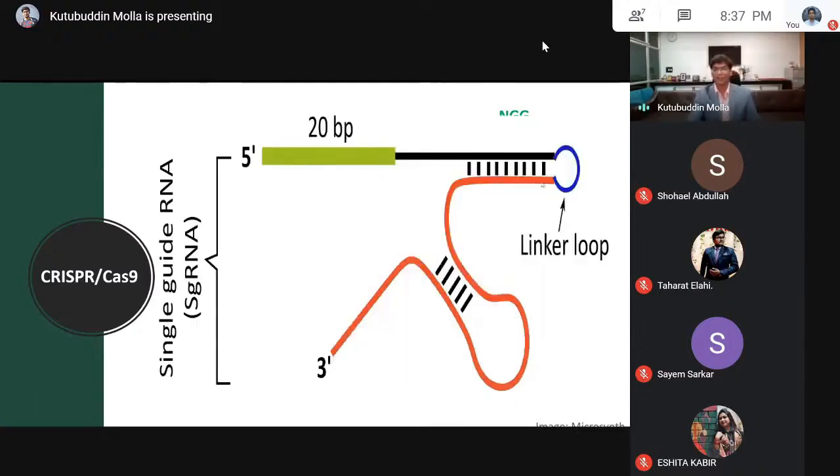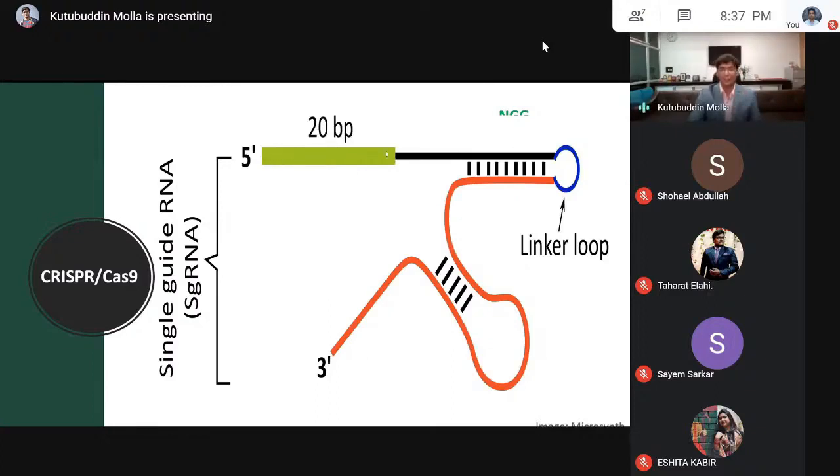So now what scientists have done, this is the CRISPR RNA and this is the trans-CRISPR RNA. Now they have linked the two different RNAs by a linker loop. So this is an artificial loop, and then they make it a whole single piece of RNA, and this is called single guide RNA. Now, I told you that this portion is important for binding with a specific DNA. Okay.